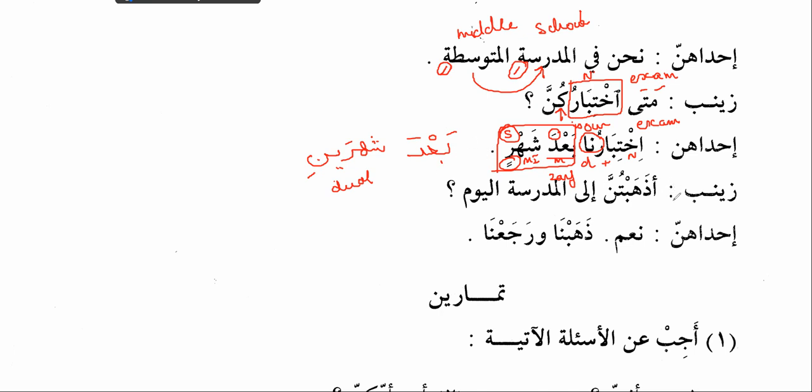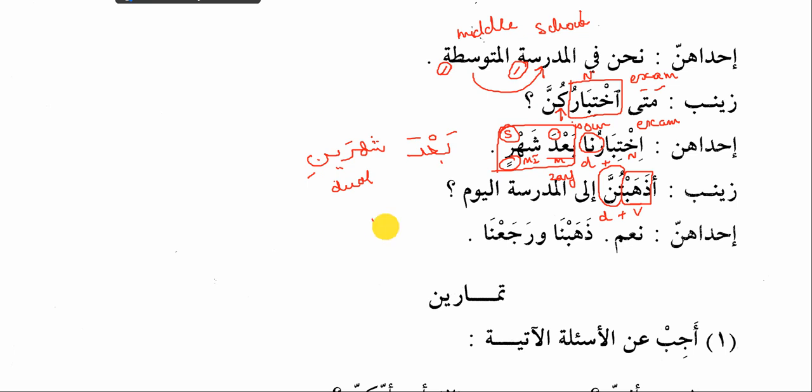So Zainab asks another question: أذهبتن. In this case, you see the moment the verb came, zahab and tunna, the kaf is changed to ta, when it is a verb plus damir. So another rule from the Arab.